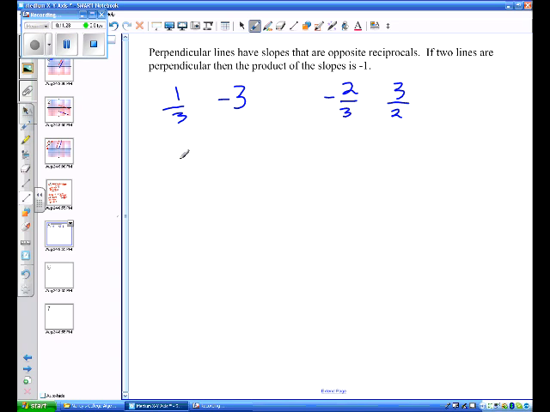And if you had a slope of -1, then the line perpendicular to it would be the opposite reciprocal, so it would be +1. And when we multiply those two together, we do get -1.